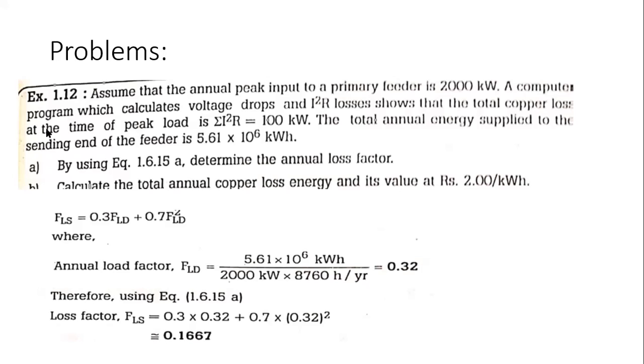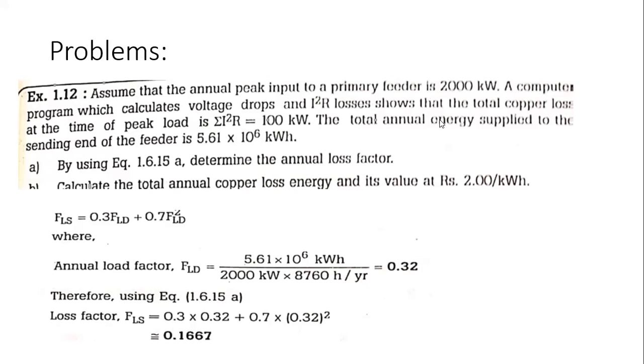A computer program which calculates voltage drops and I square losses shows that the total copper losses at the time of the peak load, sigma I square R, is equal to 100 kilowatts.